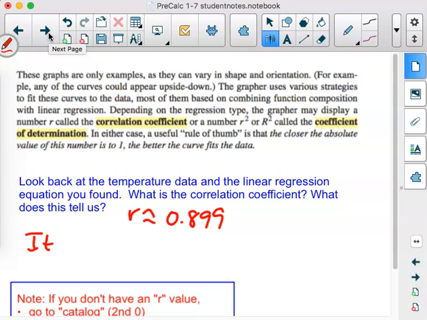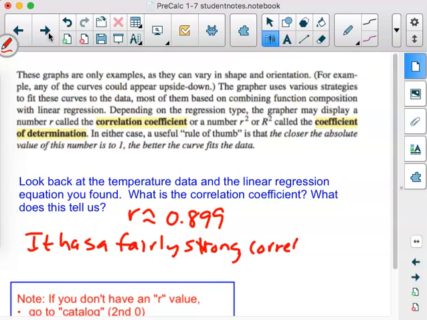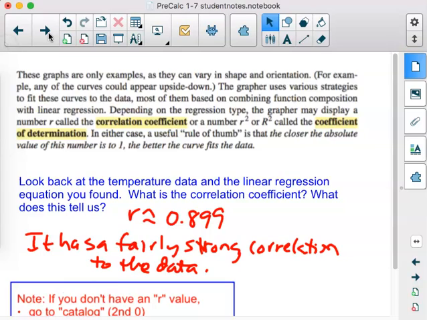So it has a fairly strong correlation to the data. And what does this tell us? Well, this is a pretty good line of best fit. It's not perfect. It didn't come out to be 1, but it was a pretty good model for the situation that we had.